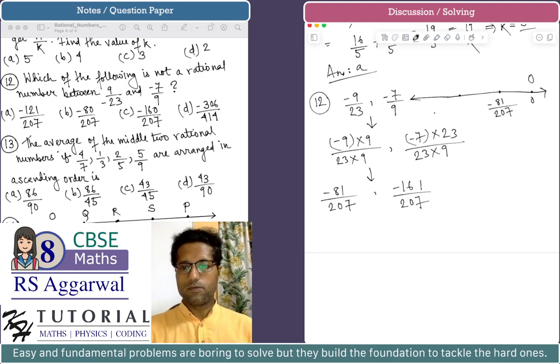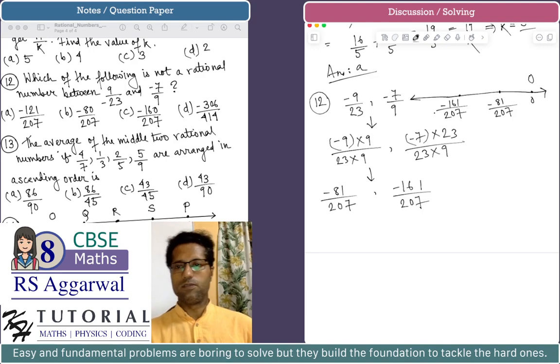So we have this minus 161 by 207. These are the two given numbers.